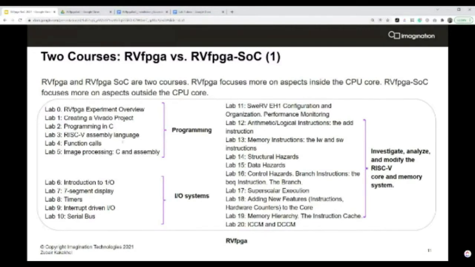There are some programming parts, labs 0 to 5; labs 6 to 10 focus on the I/O, and labs 11 till 20 focus specifically on the RISC-V core, the memory system, data hazard, structural hazard, lots of instructions. Okay, how does this particular instruction work?